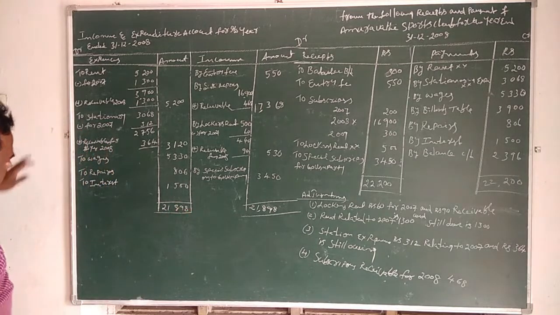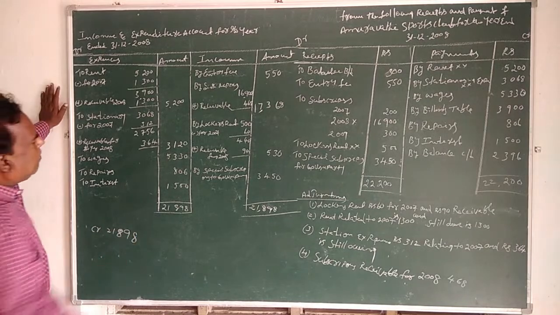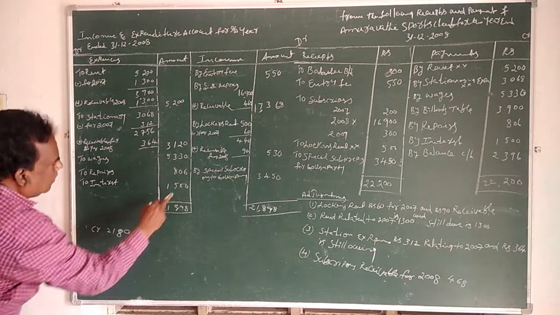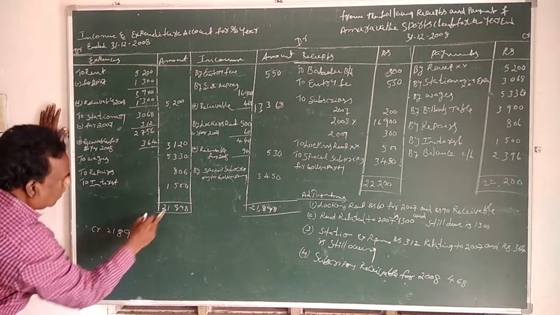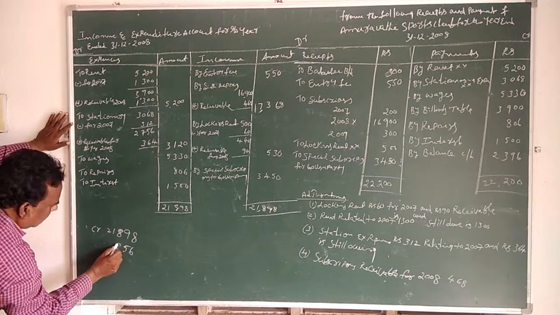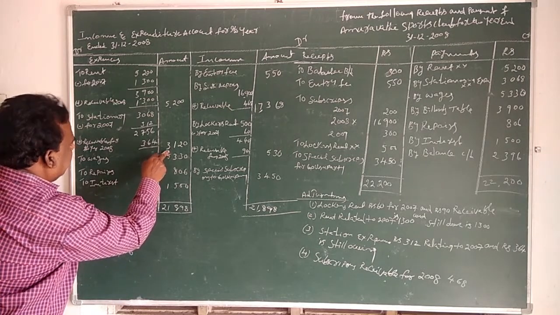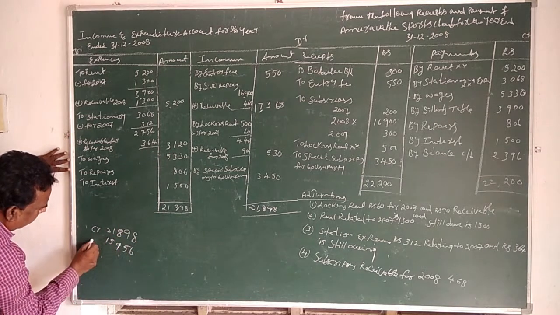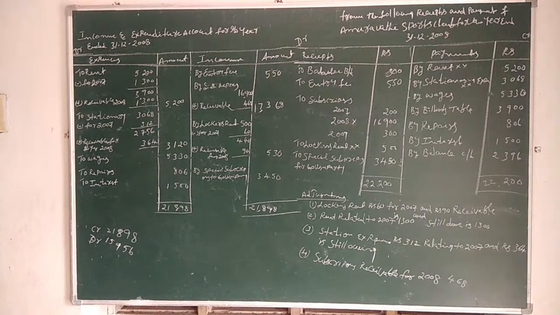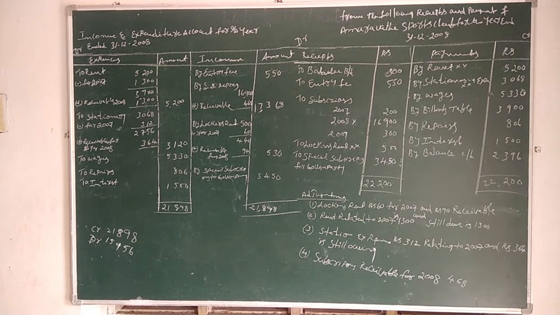Here credit balance 21,898, debit balance 15,956.